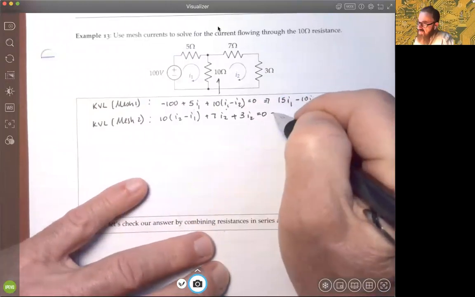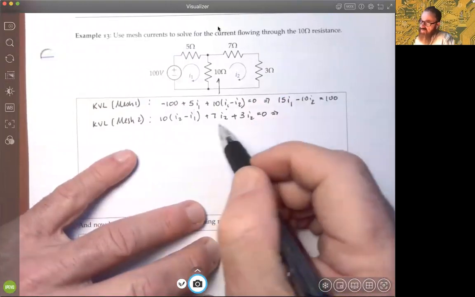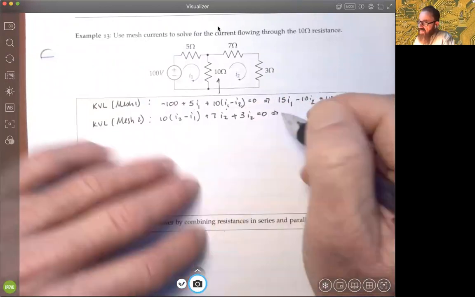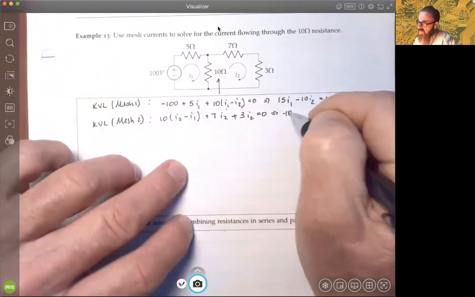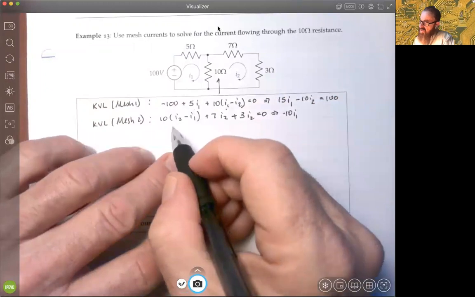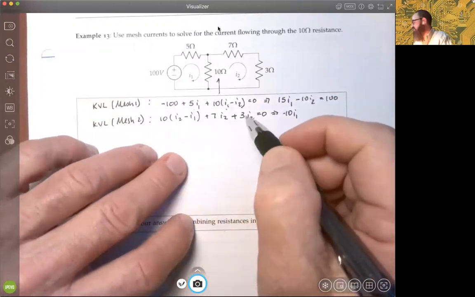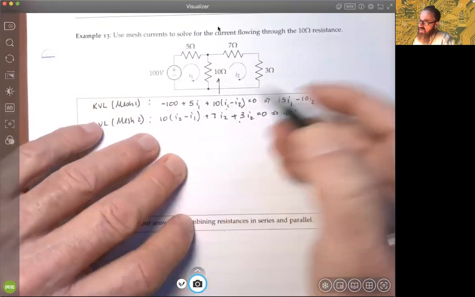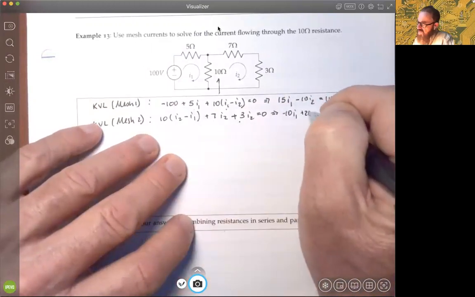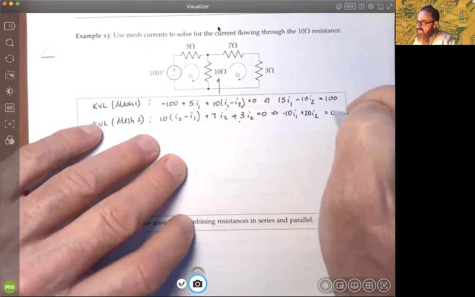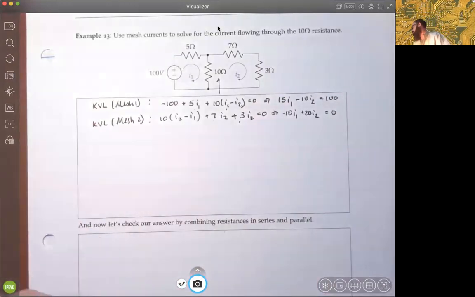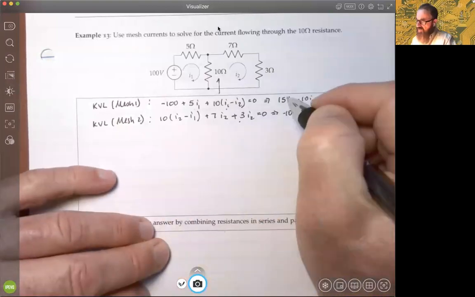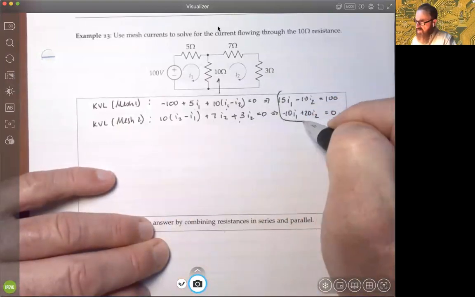So cleaning this up a little bit, in terms of coefficients, we would have minus 10 I1, and then you will have a total of what? 5 plus 3 is 8, plus 10, so 18... let's say 20 I2 has to be equal to 0, okay? So we have a linear system here that we can solve.